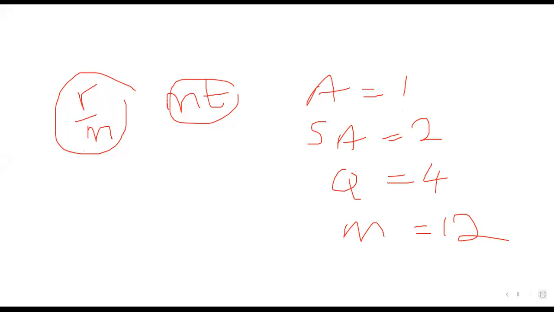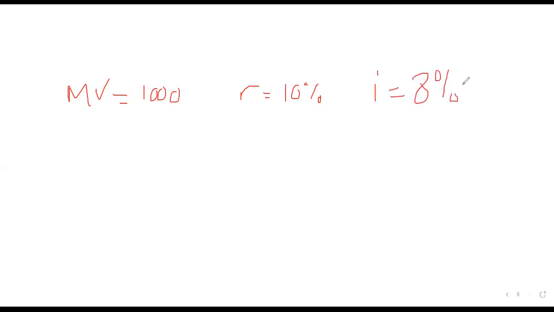So in the instance where we're given a maturity value of 1,000, our market rate 10%, and our coupon rate 8%, for how many years?